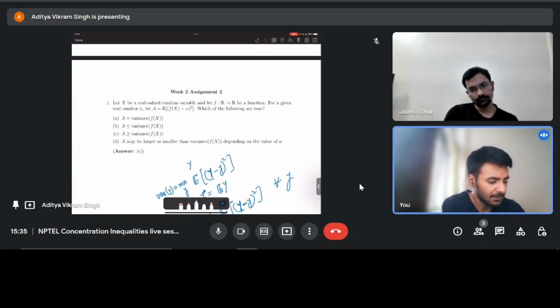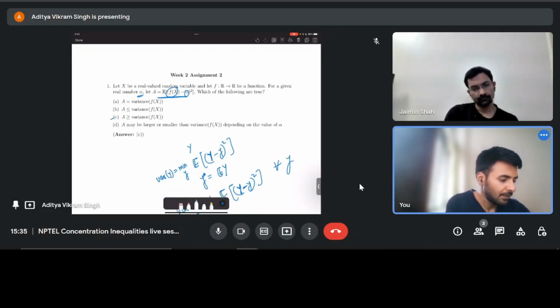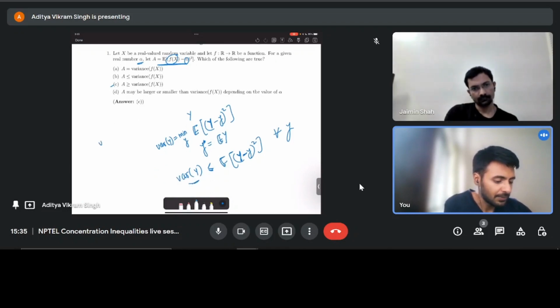So what we can claim is that for any given real number alpha, the mean squared error when you estimate f of x with alpha is greater than the variance of f of x. This is a useful thing for upper bounding things, and I think we used one of these facts while deriving the Hoeffding lemma. If you see the derivation of that, we use this fact.